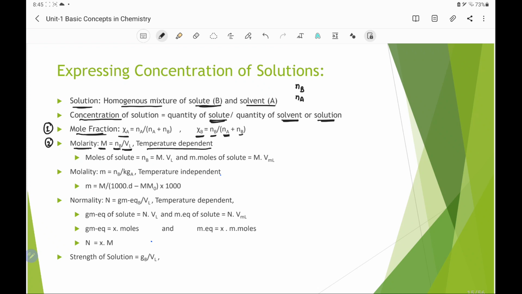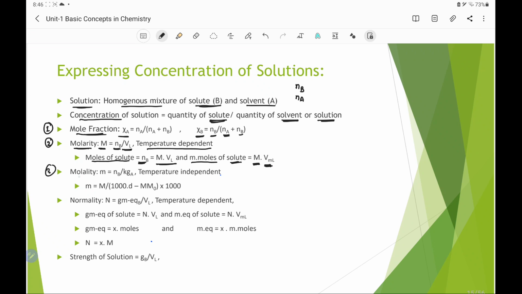If we cross multiply in this formula M equal to NB by VL, number of moles of the solute NB equal to molarity into the volume in liters of the solution. And if we have the millimoles of the solute, millimoles of the solute will be equal to the molarity multiplied by the milliliter of the volume of solution.